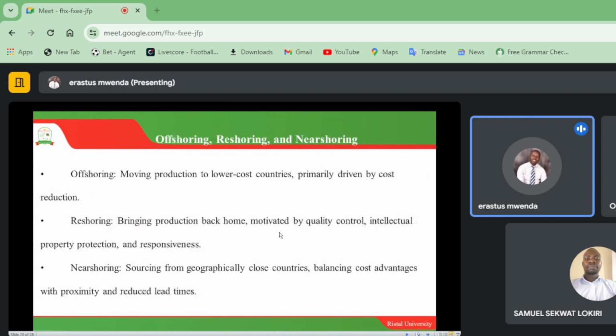Offshoring, reshoring, and nearshoring. These are other terminologies that we are going to be interacting with in international purchasing and procurement. When we are talking about offshoring, then we mean that we are moving production to lower cost countries, primarily driven by cost reduction.